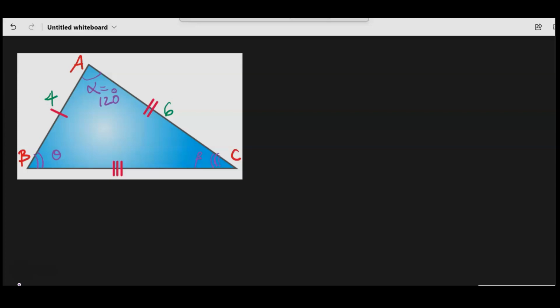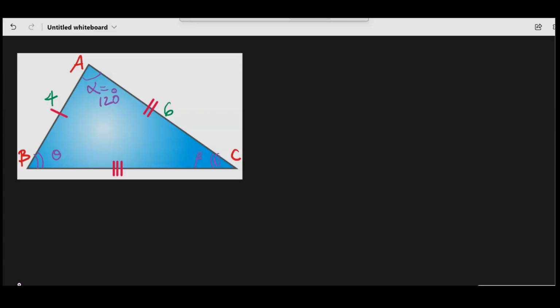Alright, so let's assume this triangle has the shortest side AB, which is given as 4 units, and side AC is 6 units. We are asked to determine side BC, which is the longest side.